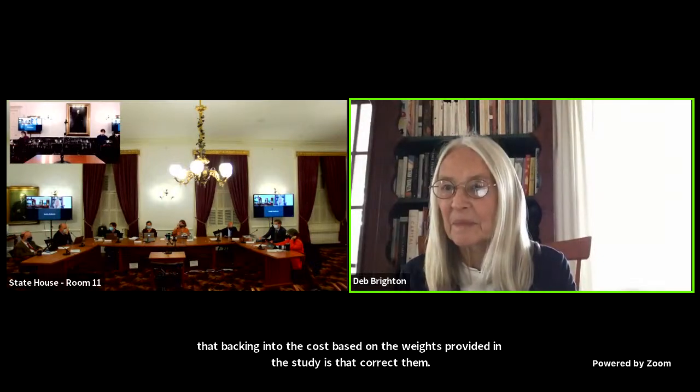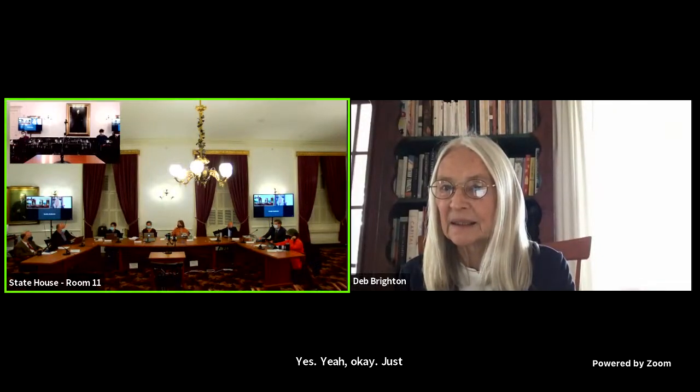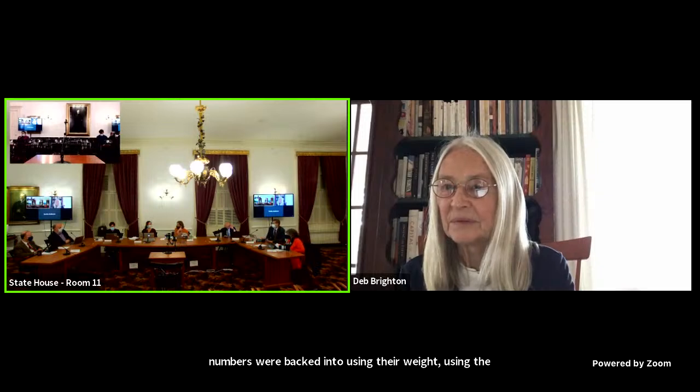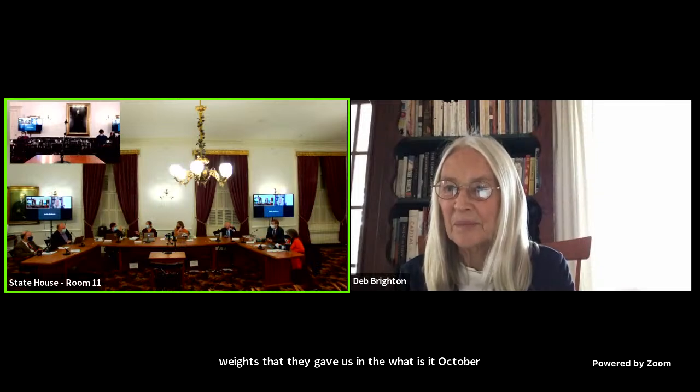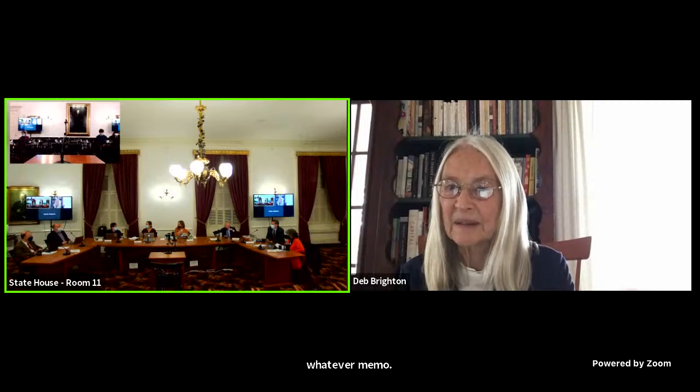Okay, I just wanted to check, so it has no connection to the UVM study then? It does have a connection, in that these numbers were backed into using the weights that they gave us in the October 28th memo. So those weights, the 1.3 for poverty, et cetera.